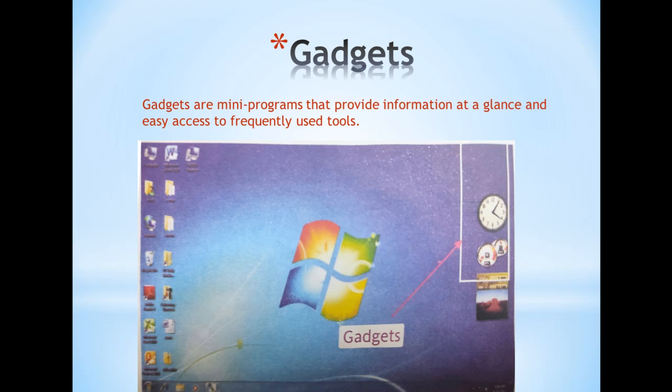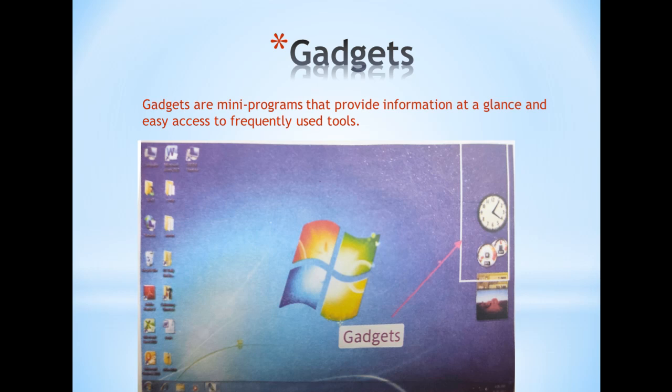Students, just like an app in smartphones and tablets, the user can keep some small programs or mini programs like clock, calendar, or weather information or something else on the desktop.